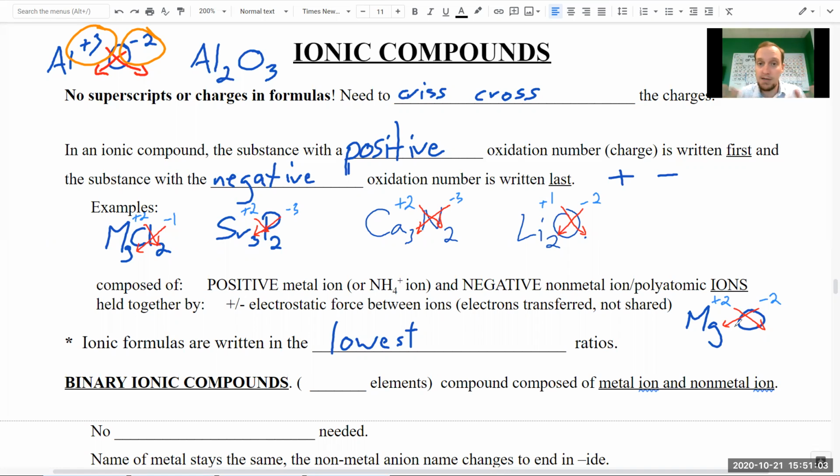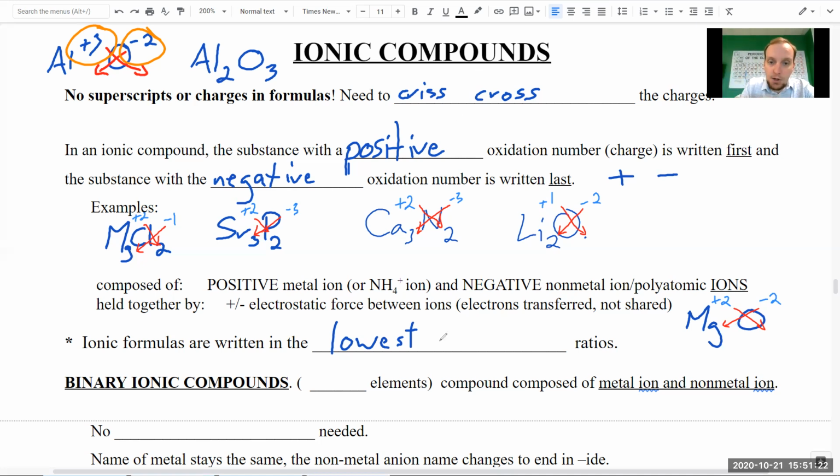If we have a pure chunk of magnesium oxide, it could very well be magnesium 10,000, oxygen 10,000. We don't know, but it's always going to be a 1-to-1 ratio. So we show it in the lowest possible ratio. I'm actually going to use that word possible. I like that.